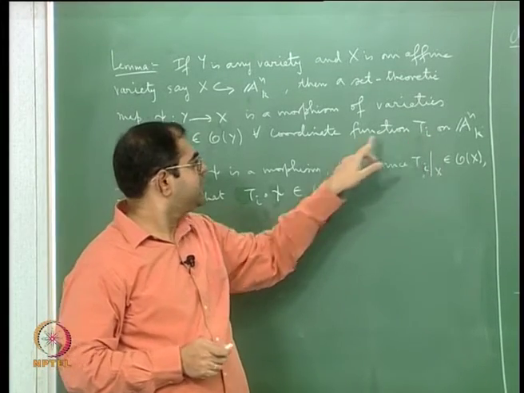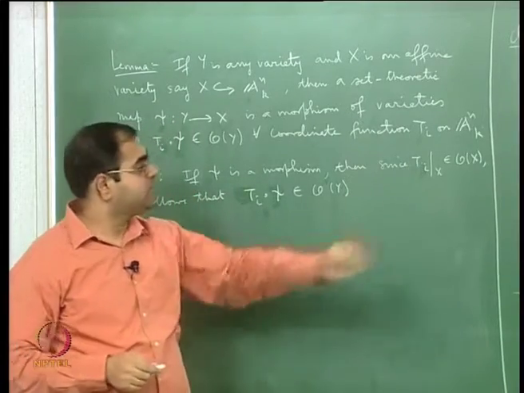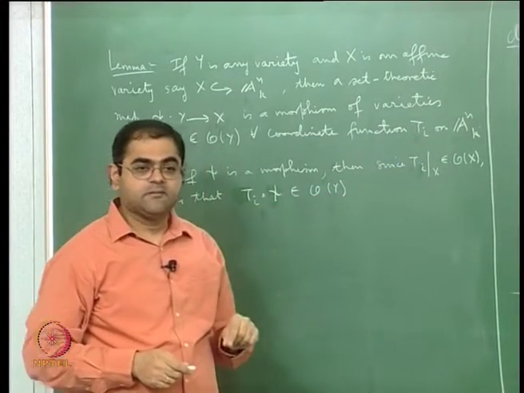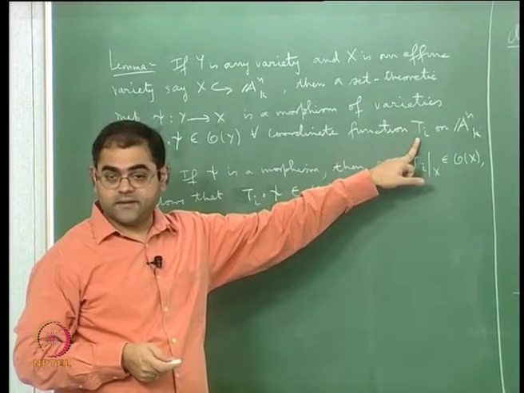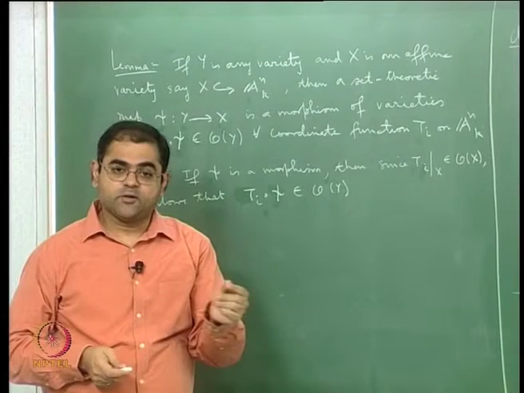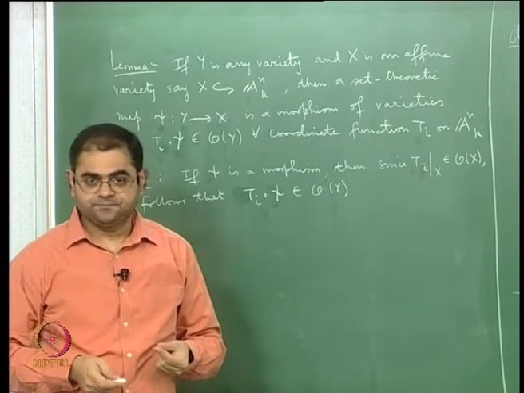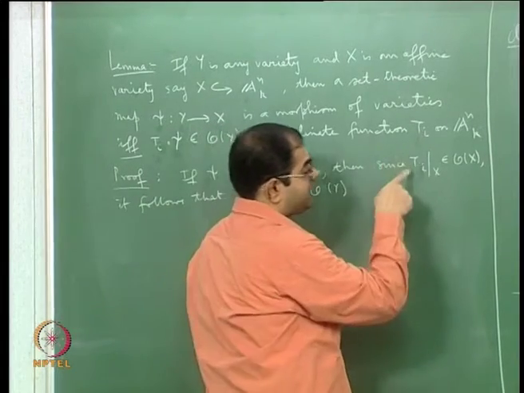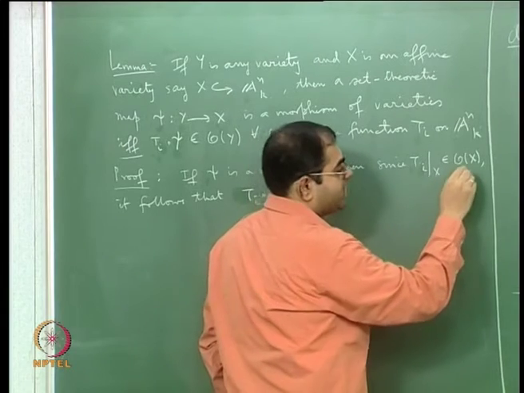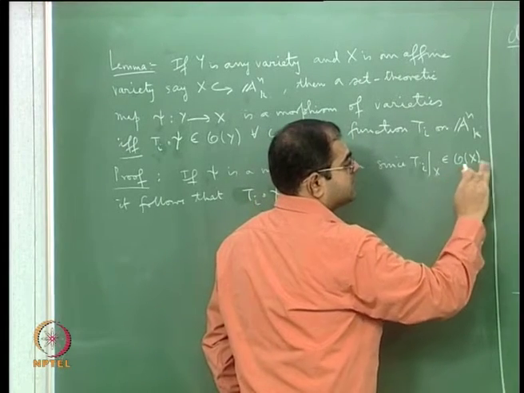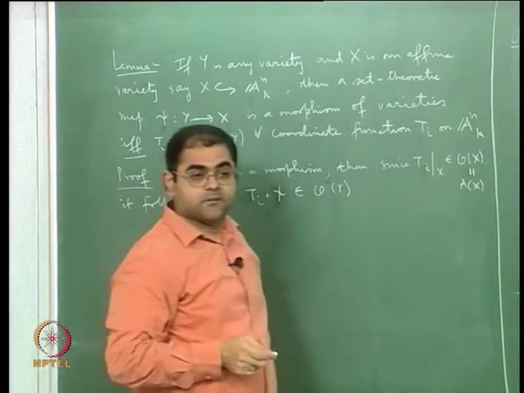When I say coordinate function ti on A^n, I am thinking of the functions on A^n as given by the polynomial ring in the n variables t1 through tn. So each ti is a polynomial, and polynomial functions are of course regular functions, and therefore if you restrict each of these polynomials to x, they are in Ox, and mind you, Ox is the same as Ax because x is affine.